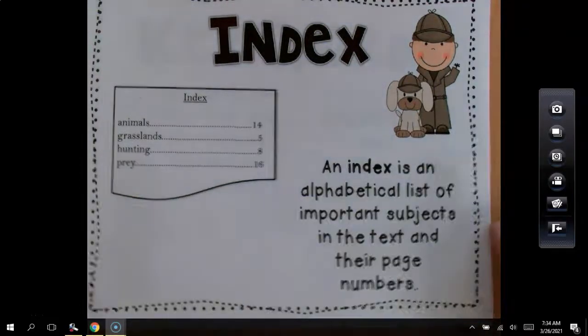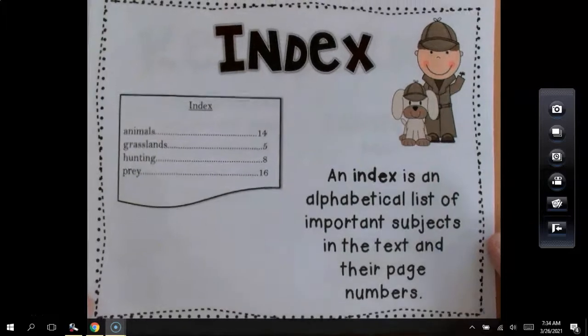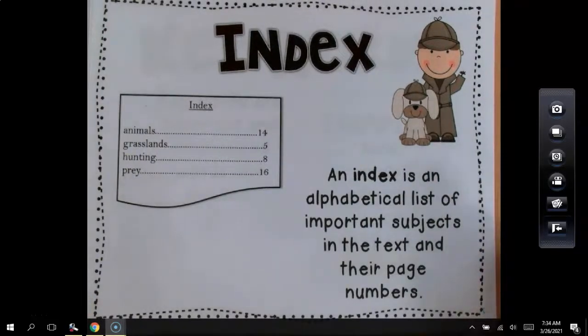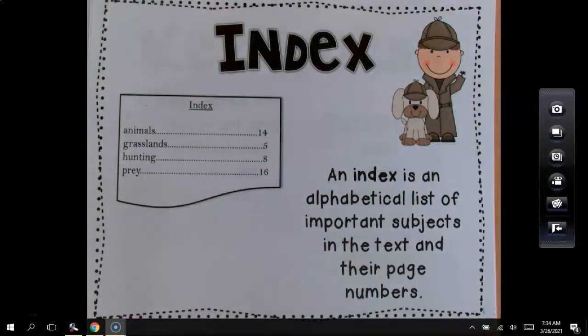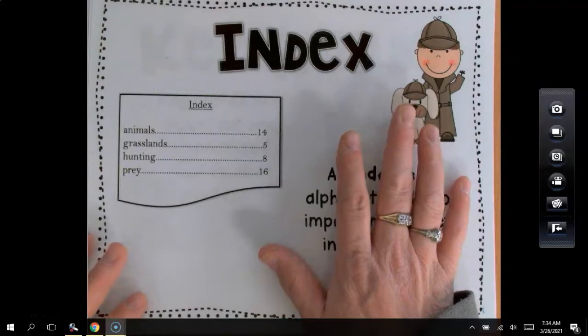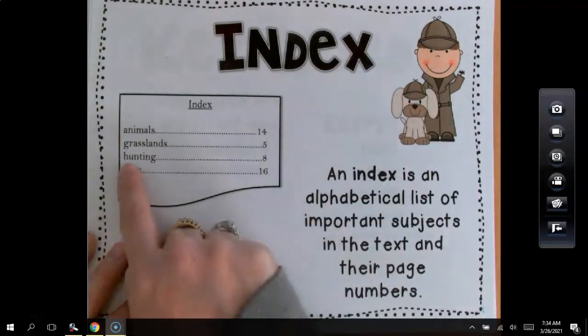Okay, the next graphic source would be called an index. So an index is an alphabetical list of important subjects in the text and their page numbers. So, for instance, if I wanted to look up the word hunting, I know I read something about hunting, but I'm unsure of the page. Well, I could go to my index and look up the word hunting.